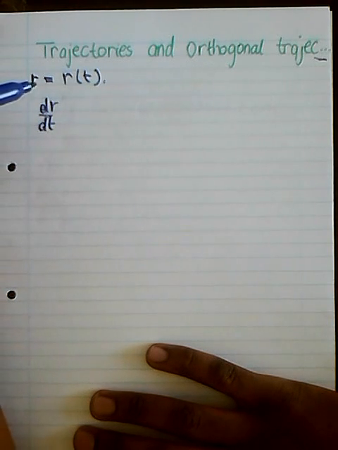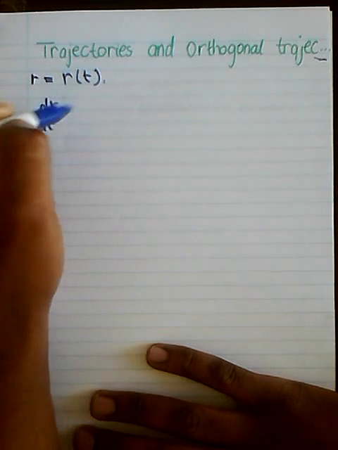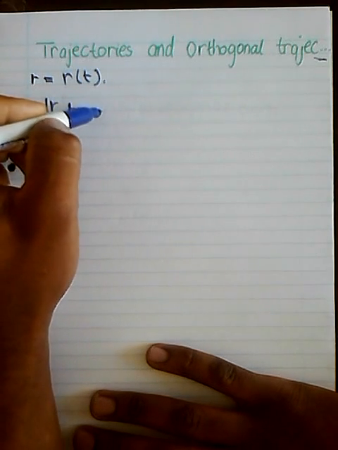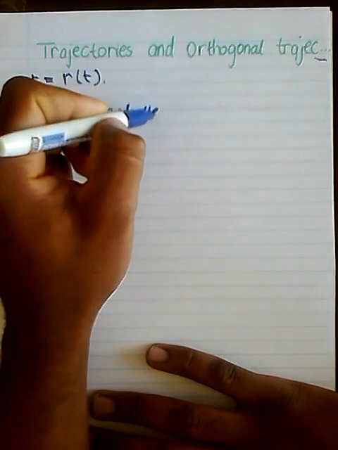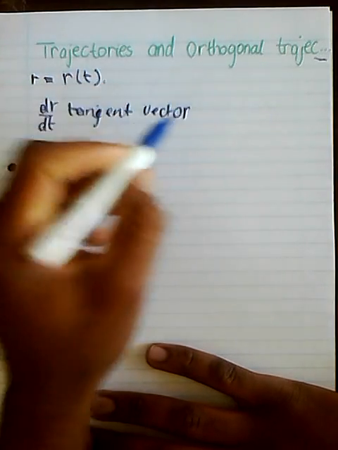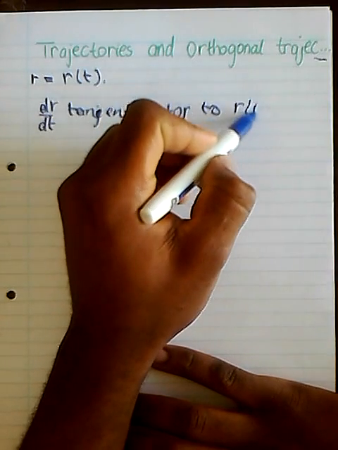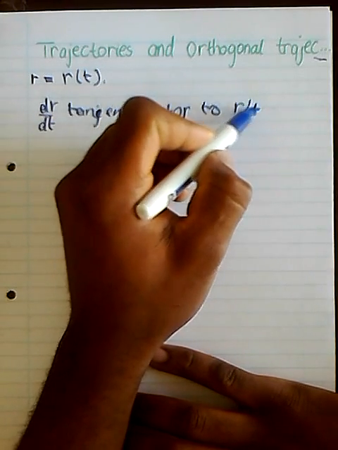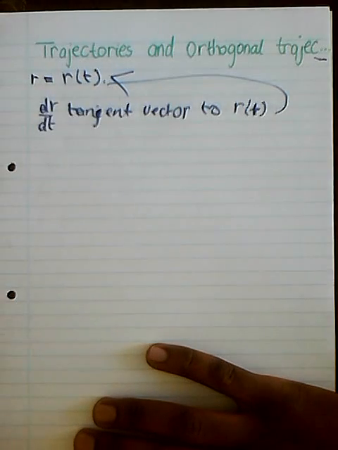Now we know that dr/dt is a tangent vector to r of t, and r of t is this vector here.